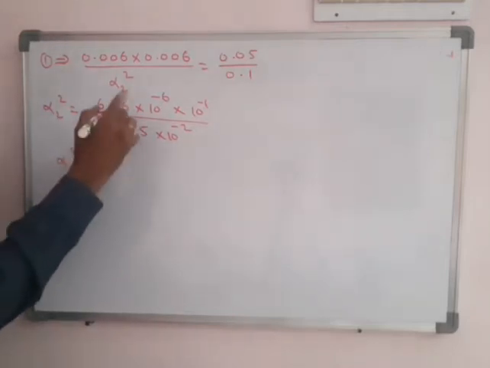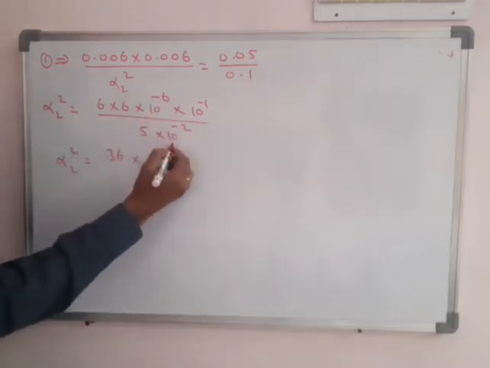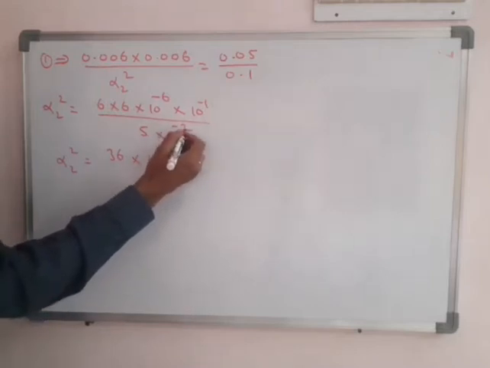So alpha 2 square equal to 36 into 10 power minus 9 by 5.